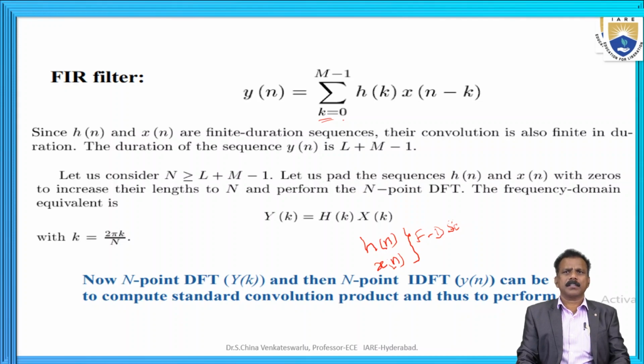So the duration of the sequence y of n is equal to L plus M minus 1. Okay, using all these values, L and M, try to analyze y of n. Since h of n and x of n are finite duration sequences, their convolution is also finite in duration.